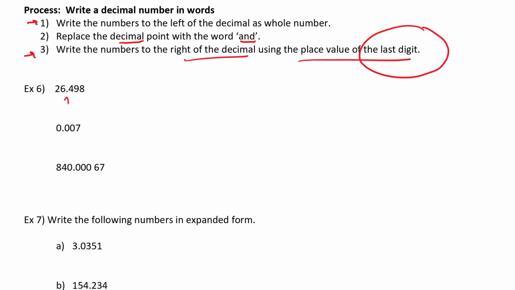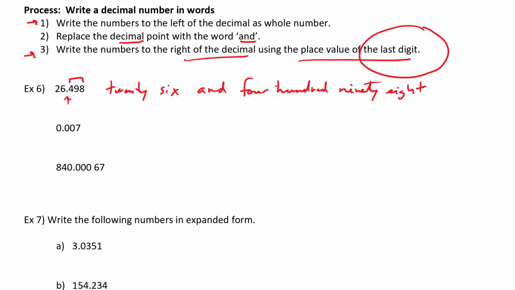So here's our decimal. We look at the numbers to the left of the decimal. That is going to be 26. We then replace the decimal with the word and, then we write this number here. This number is 498, so we write that whole number down. 498.